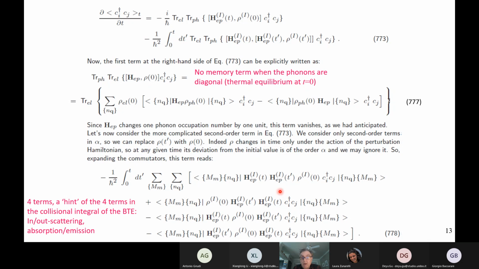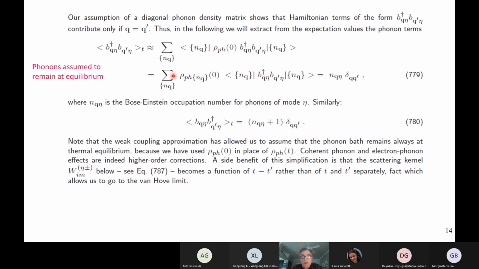Now we have to manipulate a little bit these messy terms, and again, this has two electron creation operators. This has two more. This has two, so we end up with an 8-particle Green's function, so to speak, or operator here, and we'll have to do something in order to close the system. This is just a reminder of what we mean by the phonons at equilibrium.